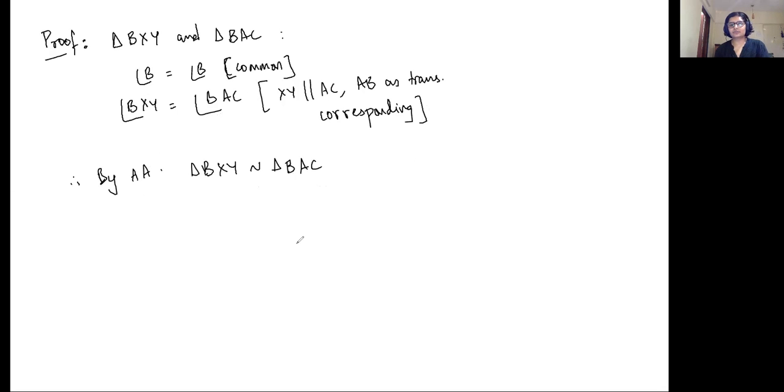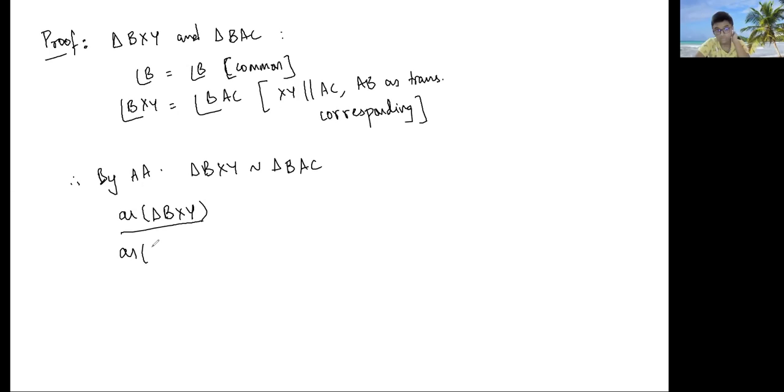So if the two triangles are similar, then how will you apply the area theorem? Ma'am, then area of triangle BXY by the area of triangle ABC is equal to... We need the AX by AB ratio, right? So which sides will you take?